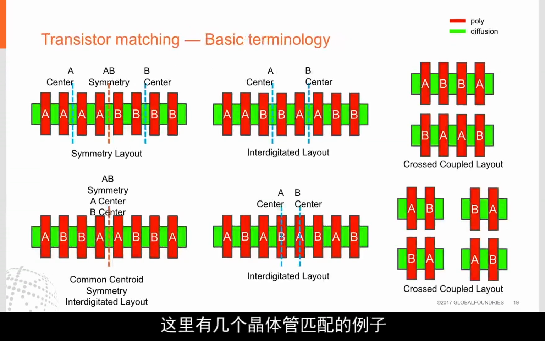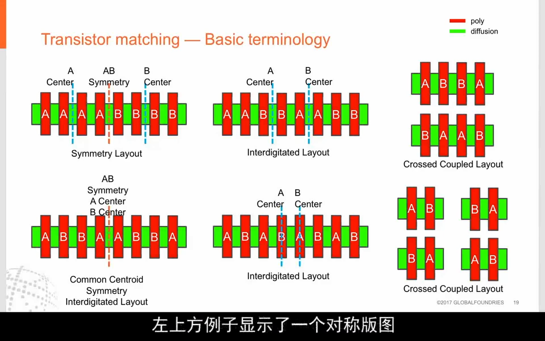Here are several examples of transistor matching and the basic terminology regarding transistor matching. The case in the upper left shows a symmetrical layout where there is a line of symmetry about the center. The top center example shows interdigitated layout using an AABB AABB type alignment.